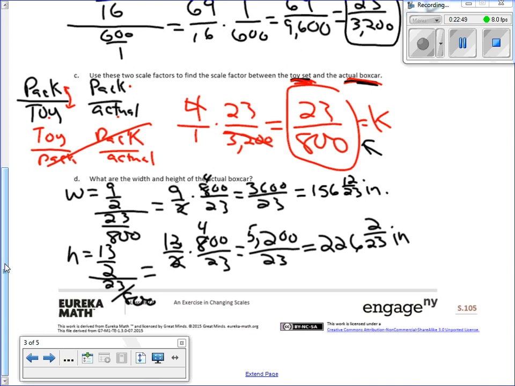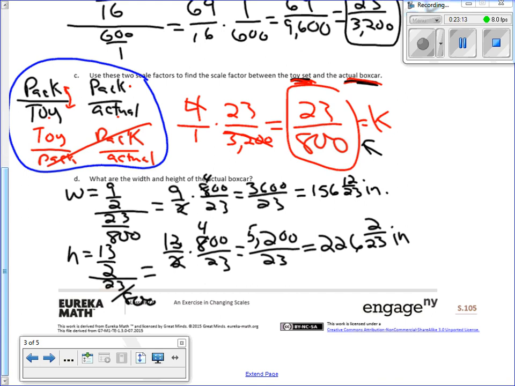A little confusing when we start taking our y equals kx formula and applying it to real world situations. But we have to be careful. Hopefully I didn't confuse you with this portion right here. But we have to figure out how we're going to set this problem up in order for things to cancel out so we get the right answer.